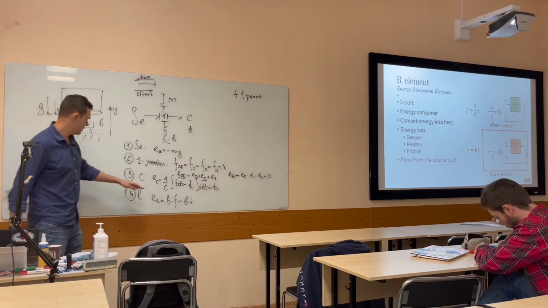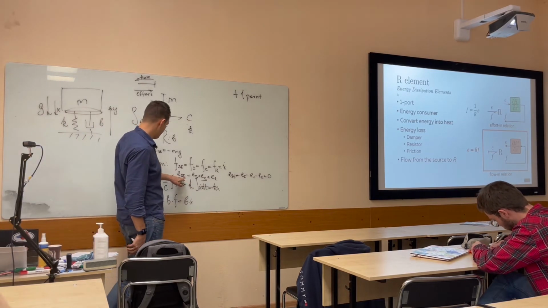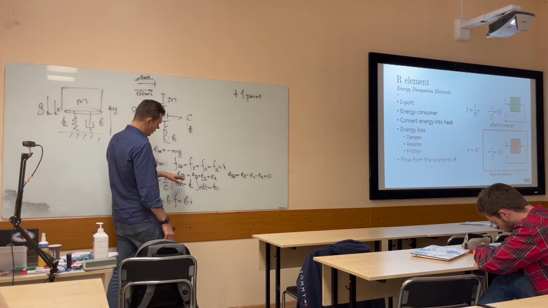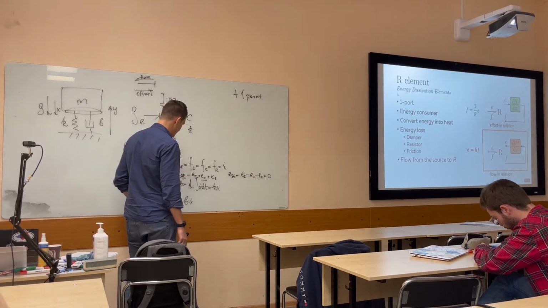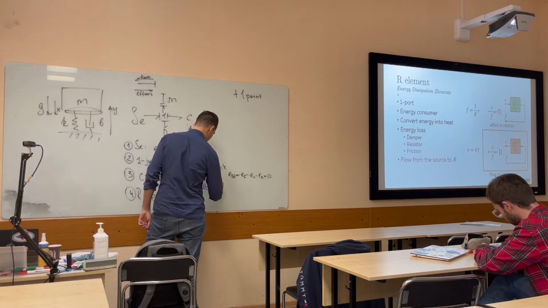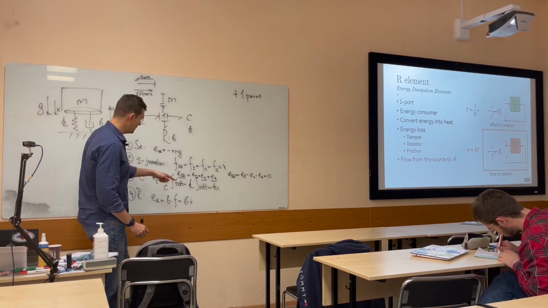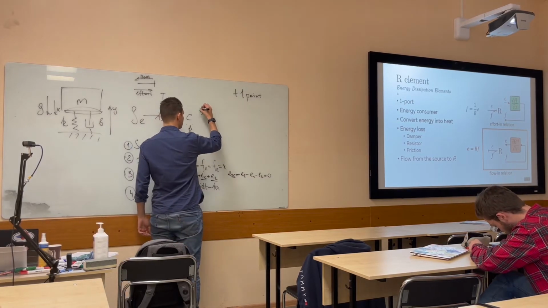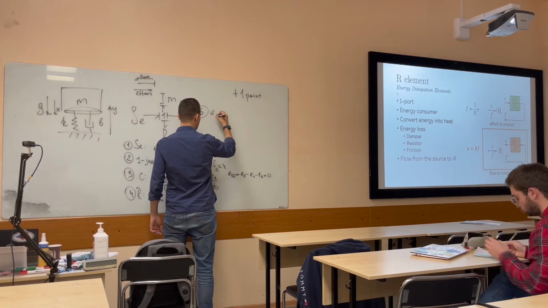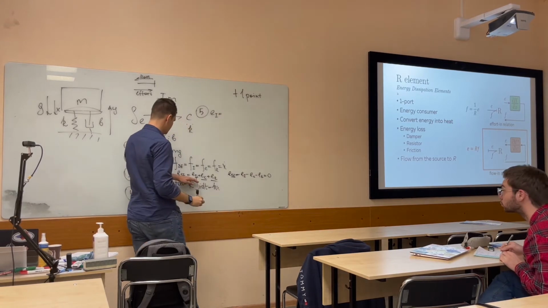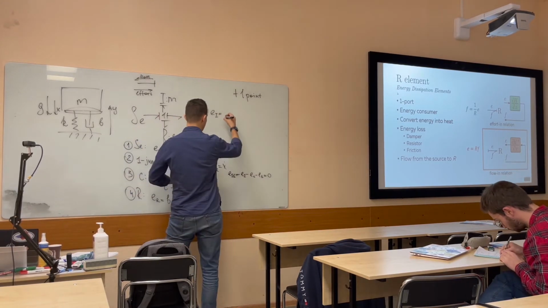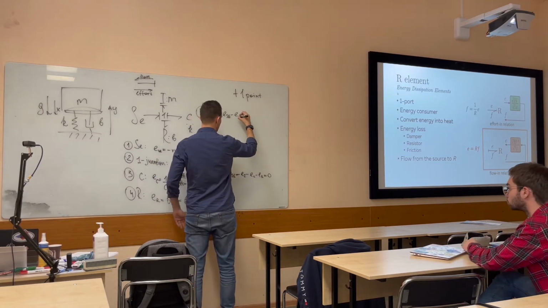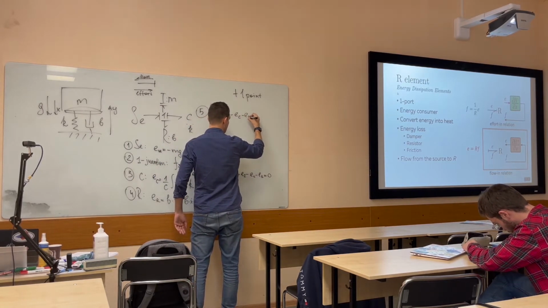All right, so we know now the effort of the source of effort. We know the effort of the C element, we know the effort of the R element, and now we can derive the effort of the I element at the final stage. So EI will be ESE minus EC minus ER.